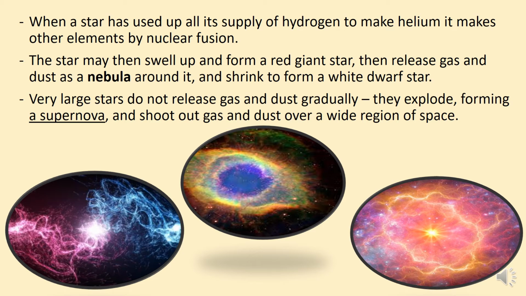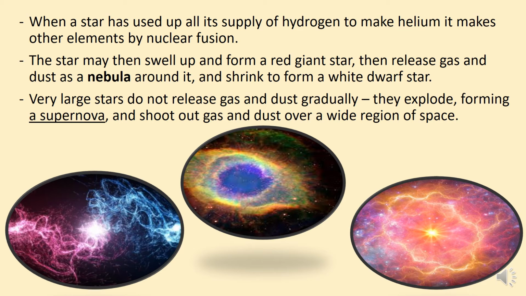And shrink to form a white dwarf star. Very large stars do not release gas and dust gradually. They explode, forming a supernova. Okay, you see the picture in the middle? This is a supernova.